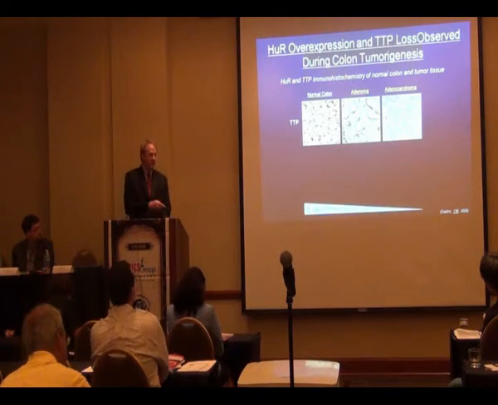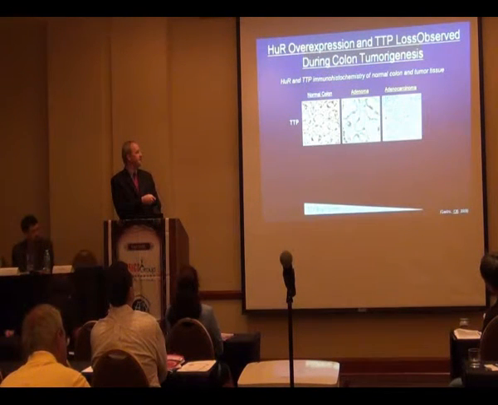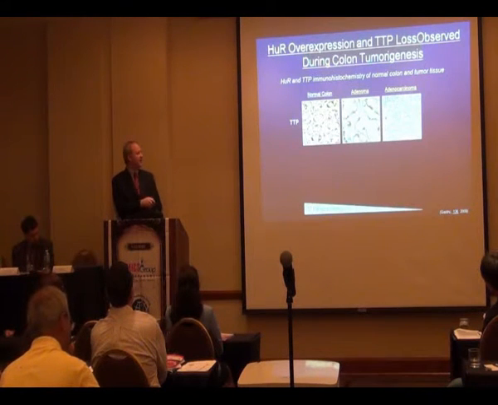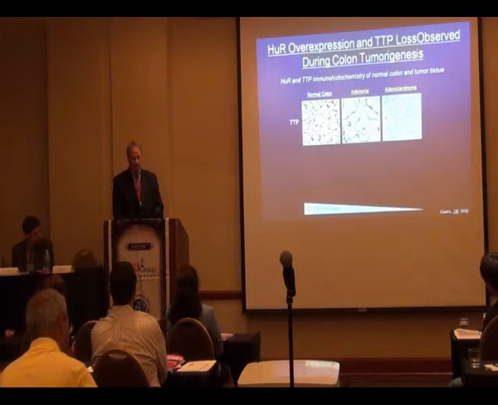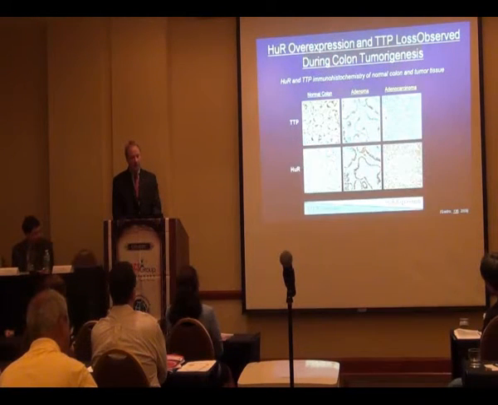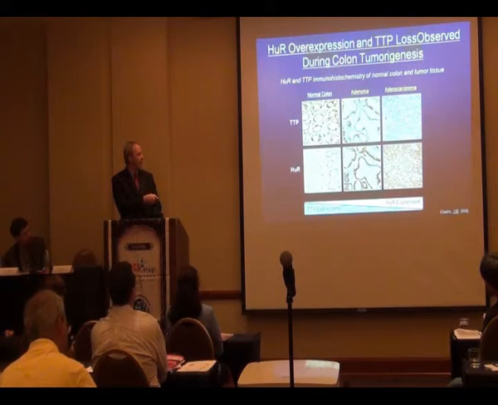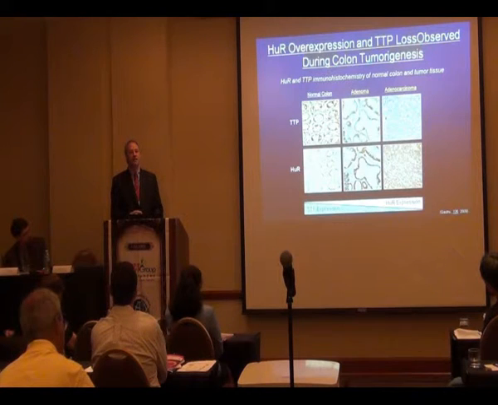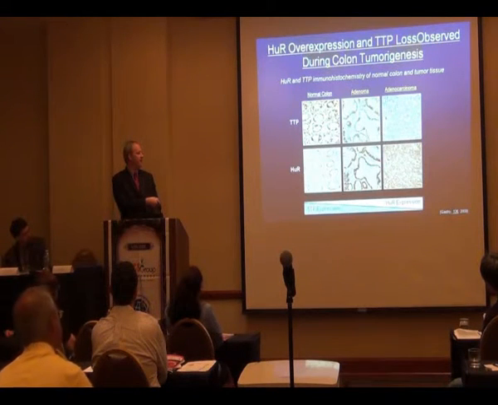And when we go ahead and stain normal, adenoma, or polyps, and adenocarcinomas from colon cancer, again, focus on the brown staining here, TTP expression is going away. And especially in the adenocarcinoma, it's very difficult to see any TTP expression. Just the opposite with HUR. In the colonic epithelium here, it's present only in the nucleus at modest levels.